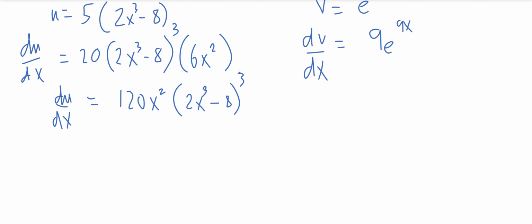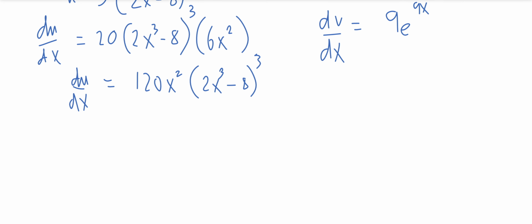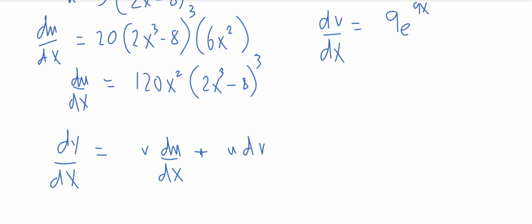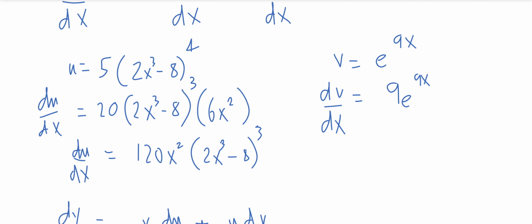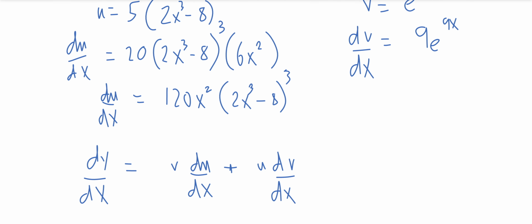So now, applying the product rule to this, dy by dx equals v du by dx plus u dv by dx. So just going back up to see what v and u are. v is e to the 9x.